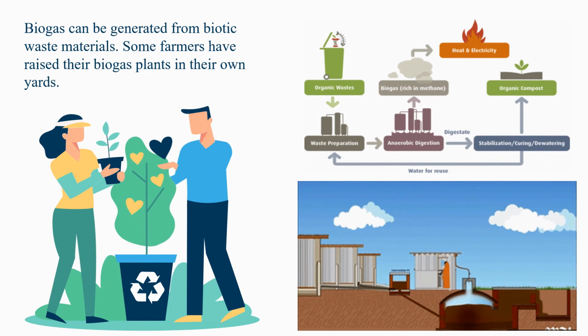Biogas can be generated from biotic waste materials such as the excreta of animals and dead leaves, shells, etc. This energy can be used for domestic needs such as cooking, heating water, lighting lamps, etc. Some farmers have raised biogas plants in their own yards to cater to their domestic needs.